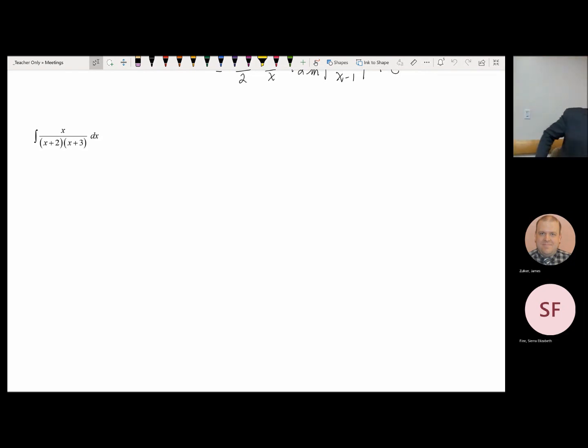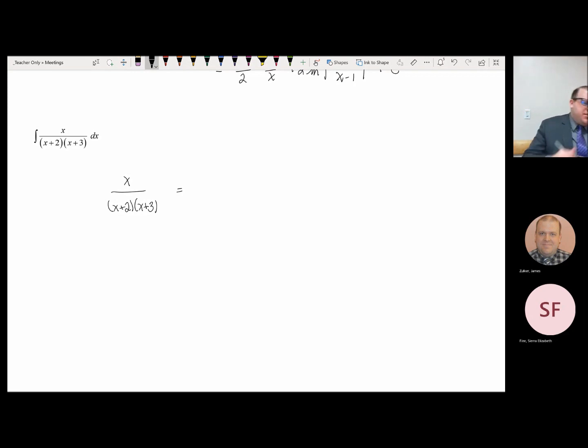Now we just jump right into writing its partial fraction decomposition. All right, so just go factor by factor. X plus 2.